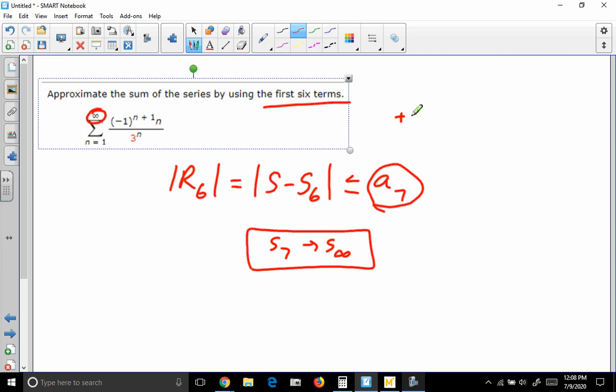We're going to add, let's see, if this was 7, 7 plus 1 is 8, so that's going to be a positive. So we would add the 7th term, and then the next value is going to be a negative. So really, we're taking it away, and then we're adding the next one, and then taking away.